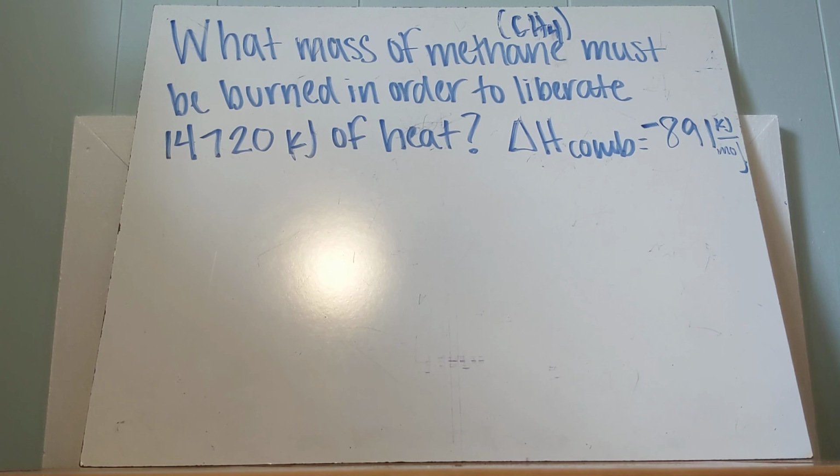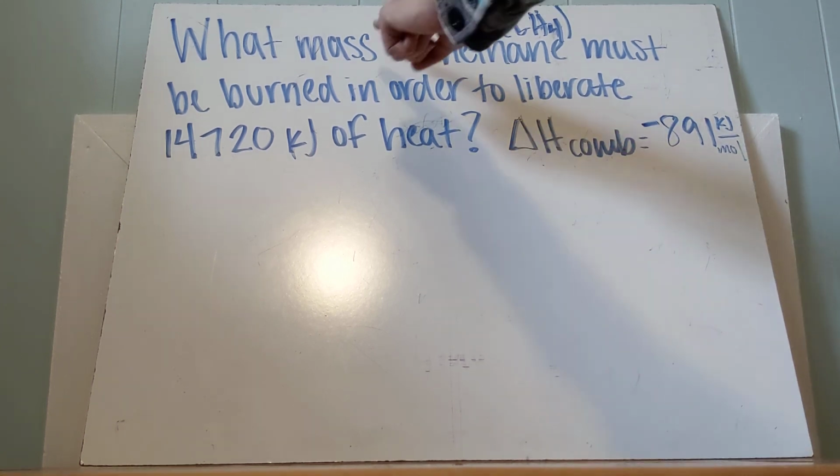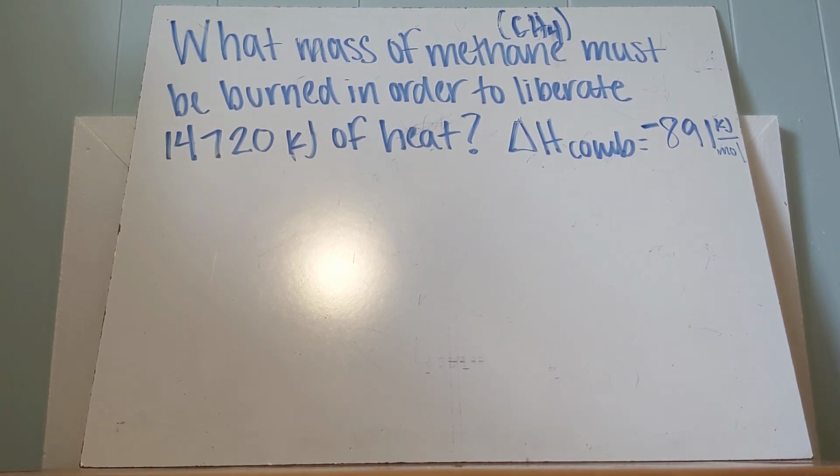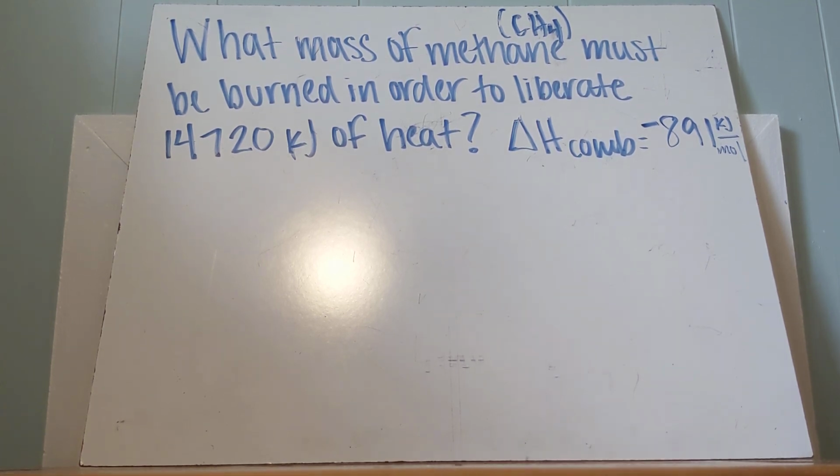So the delta H of combustion for methane specifically is negative 891 kilojoules per mole. And this wants to know mass. So, this problem is a little bit different from the last one. In order to figure out the mass, I first have to solve for moles.